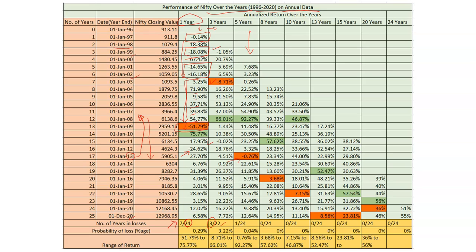However, if you again take the time period of 8 years, you can see in no year are you having any kind of losses. That means if you would have invested money in Nifty, keeping a time horizon of 8 years or more, there is no chance of losing money.